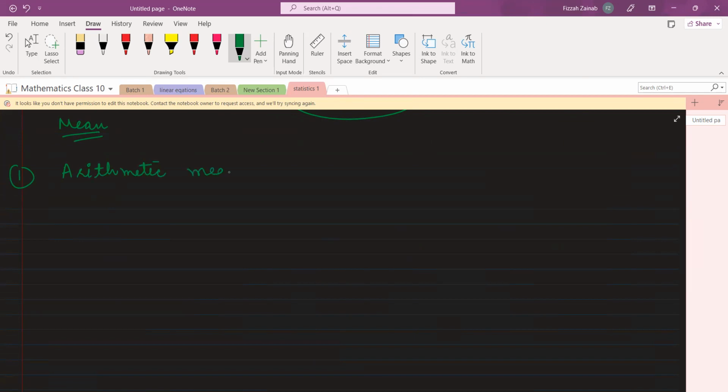So arithmetic mean of ungrouped data, first of all. Now you understand ungrouped data? Please make a box. This is the formula for only ungrouped data, right? Yes, ma'am. Okay.